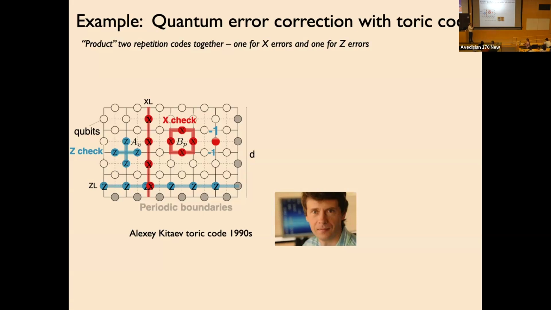And you can see that this product of Z and product of X define a correct algebra because they only overlap on one spot, only on one qubit, right? And for this one, Z and X anti-commute, right?